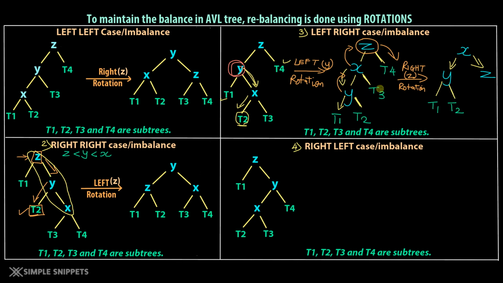T3 was towards the right of X. So in the rotated structure also, we have to go to the right of X, but towards the right of X, we have Z. Now T3, that is all nodes in the T3 subtree, are towards the left of Z. So we will go to the left of Z, and this is where T3 will be now located. And lastly, T4 is nothing but the right subtree of Z. So T4 will come over here. And now this structure is balanced and we can consider it as an AVL tree.